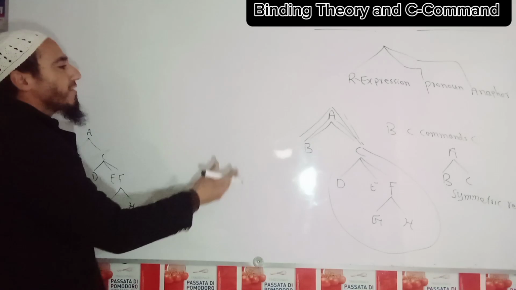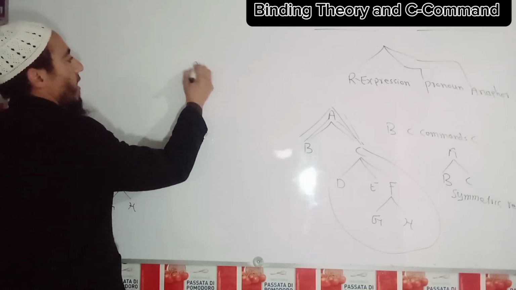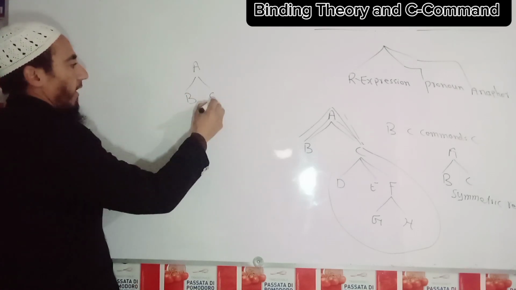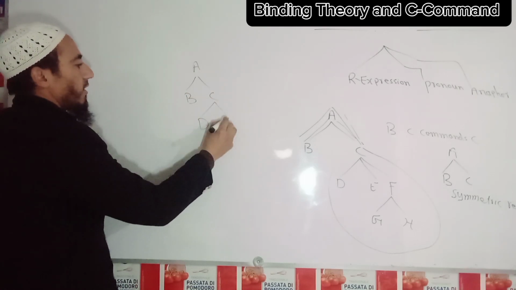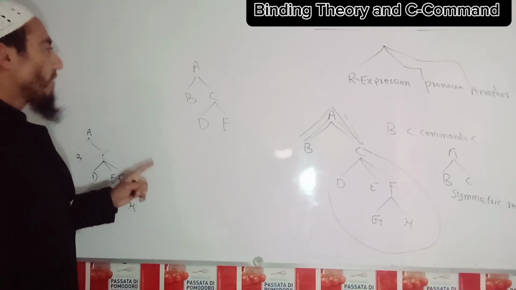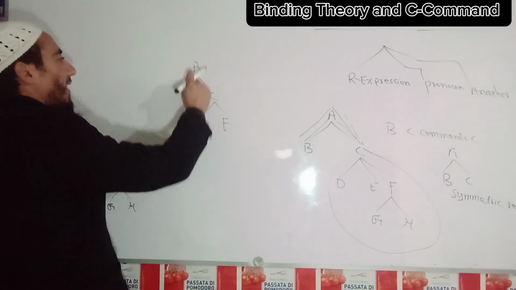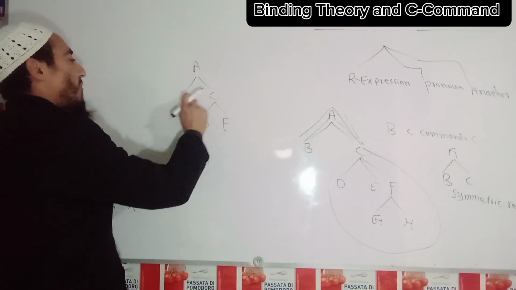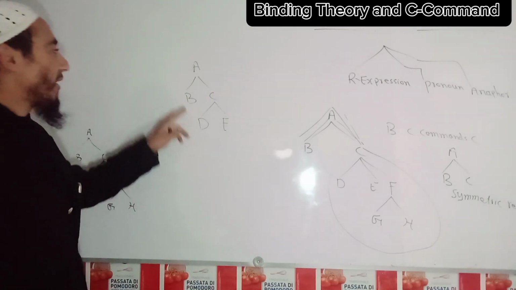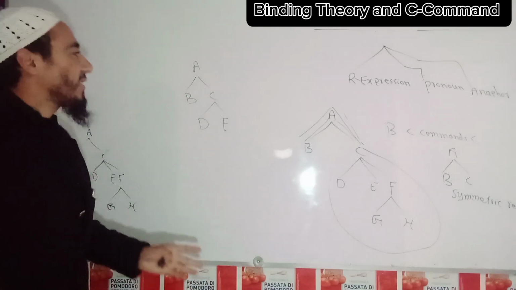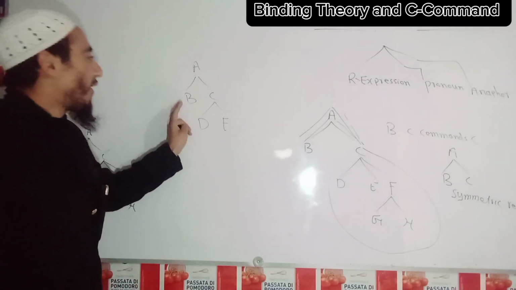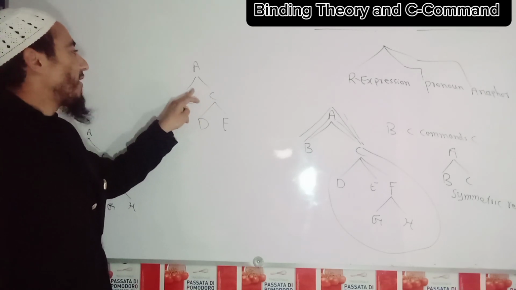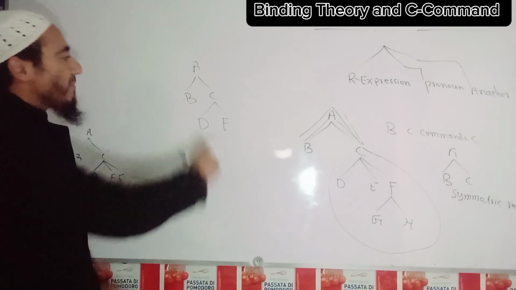On the other hand, if we have A, then B and C, and then D and E, we can say that B C-commands C, and C C-commands B. However, according to this structure, we can't say that B C-commands A. Why?